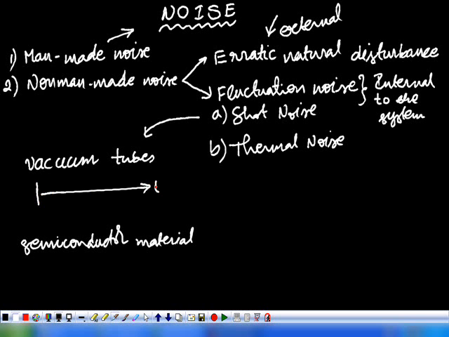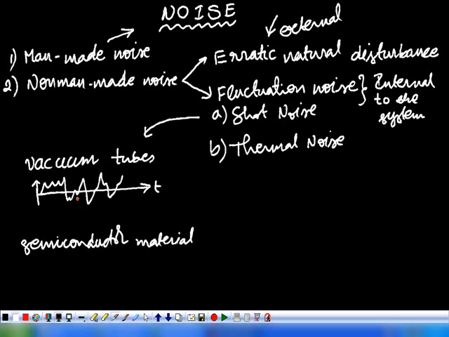The waveform may look like this, with some random variation, because the electrons are generated randomly from the surface of the cathode. These electrons generated from the surface of the cathode constitute some current.